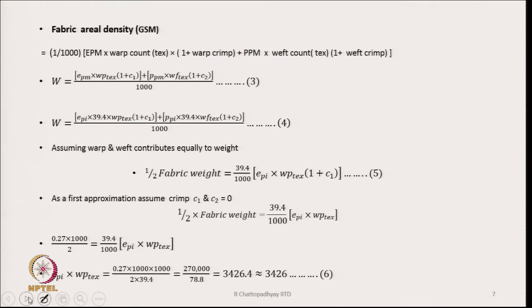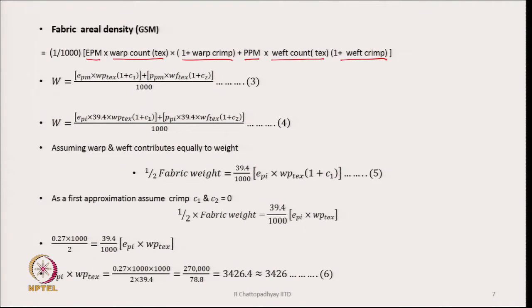So, now let us go to this page. What is stated here? Now, another information which has been given is the fabric areal density. Now, we know that the areal density of a fabric can be written as 1 by 1000 ends per meter into warp count in tex into 1 plus warp crimp plus picks per meter into weft count in tex into 1 plus weft crimp.